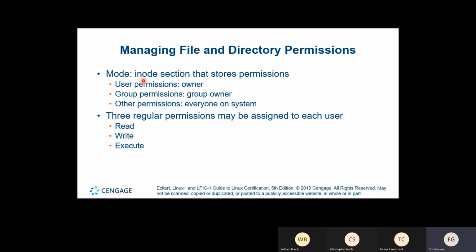Okay, so there is something that applies to each file. When I say file, it's a term that means it can be a file, it can be a directory, it can be a symbolic link, it can be, for example, a character special file or a block special file.